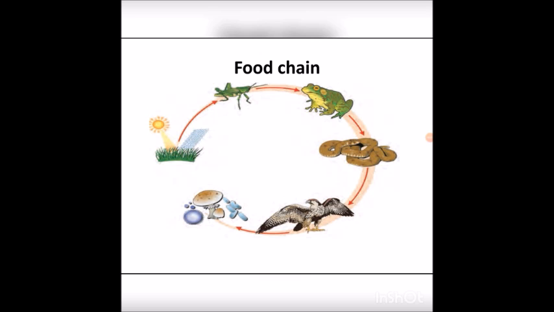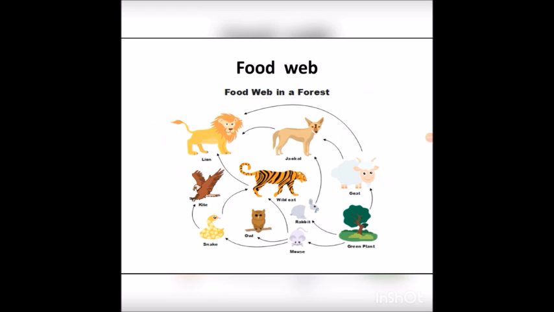At each trophic level only one organism is there. In this chain only one plant, one herbivore and one primary carnivore are there. All the things are only one. But now if you compare this with the previous diagram, here the green plant is there, but you see different organisms, like rabbit, mouse and goat, which are dependent on the green plants.